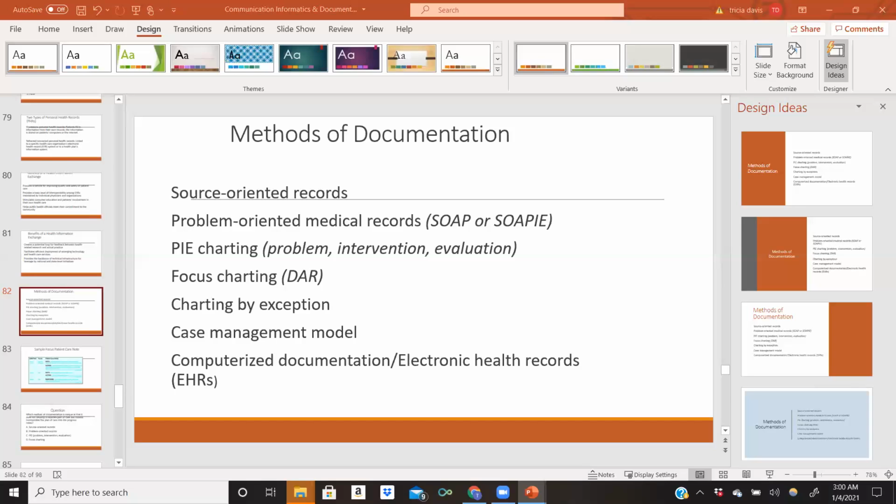So we document only by exception, whatever the problem is. You have case management models, which we don't deal with. Those models emphasize quality and cost-effective care that's delivered in a certain time frame. That's more for your case managers. Then you have computerized documentation, electronic health records, which is what I work with at work. Everything's on a computer.